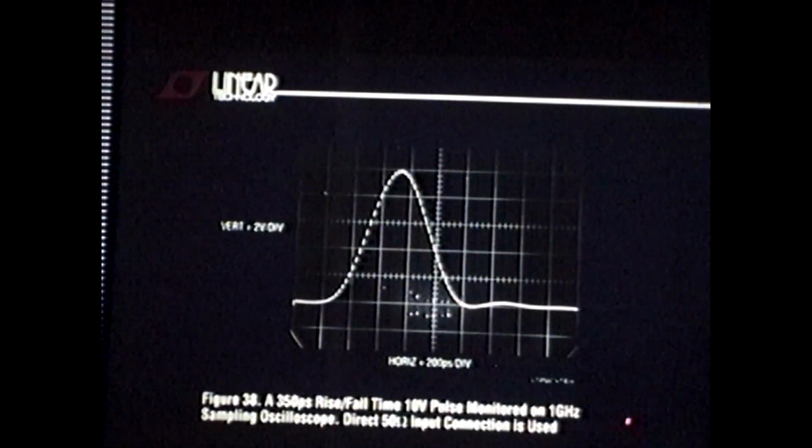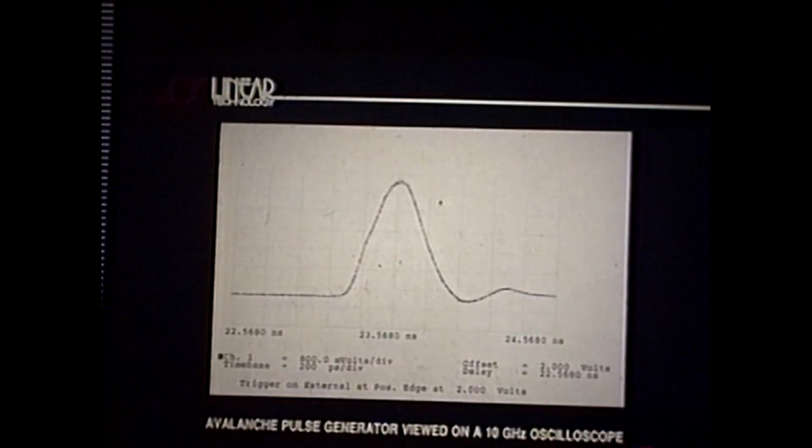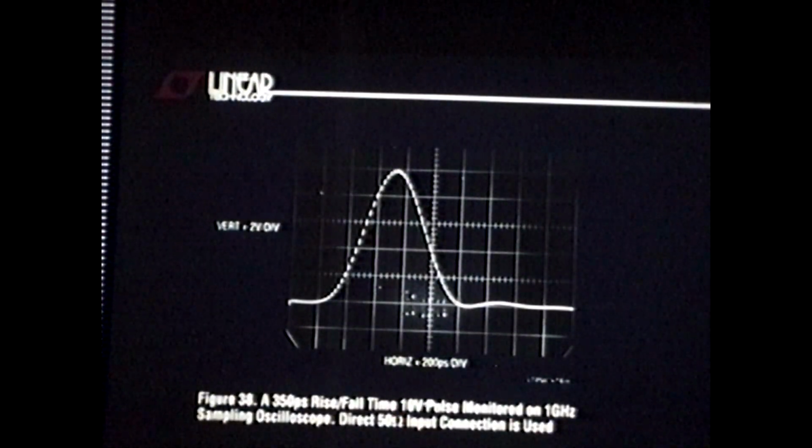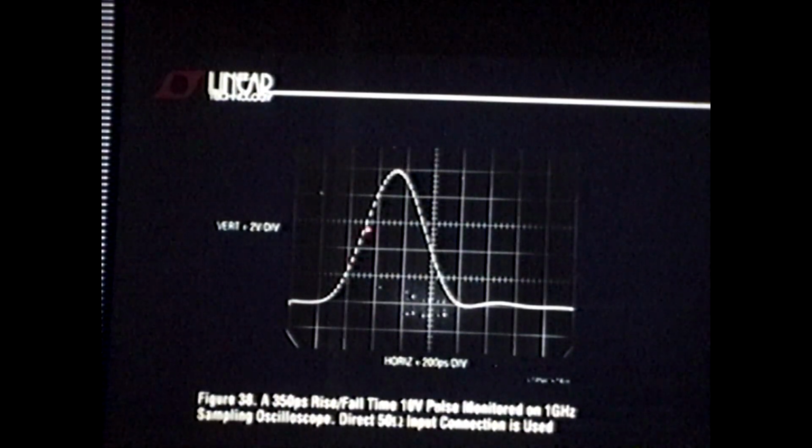Kovacs is right. A gigahertz is not enough bandpass to see what's really happening. At 10 gigahertz, if I remember right, the rise times come out about 230 picoseconds versus an observed... You notice what the rise time is here? The rise time is 350 picoseconds on that scope.